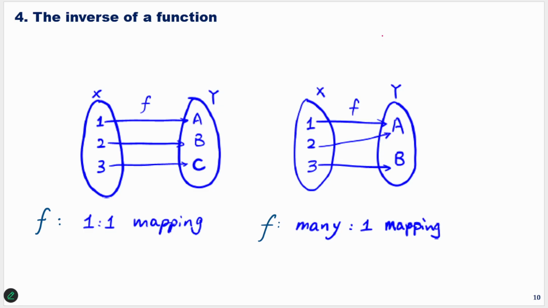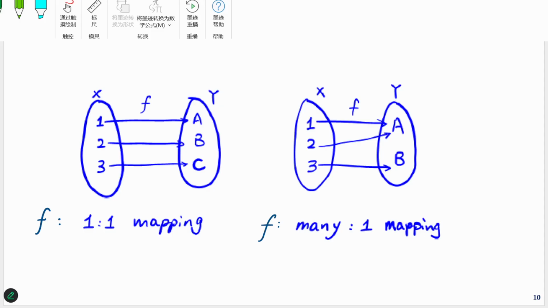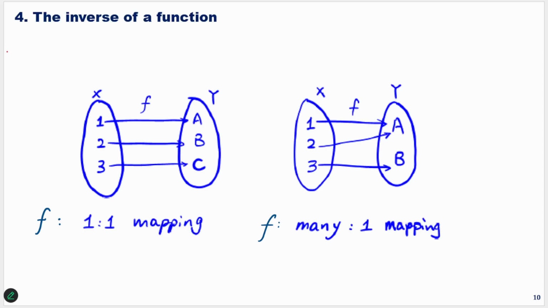If you express this function using diagrams, the arrow of the mapping relation is the direction of the function. So if I reverse the mapping direction, for example, I use a different color to describe another mapping relation which maps A in the set Y to 1 in set X.